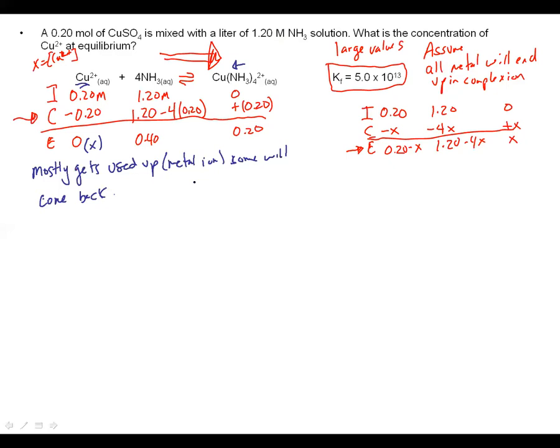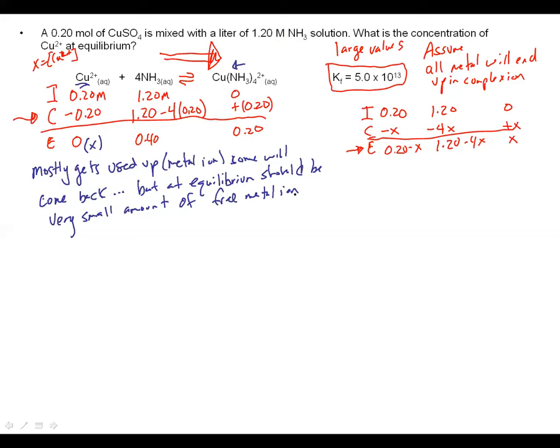But at equilibrium, it should be very small. So you should have a very small amount of free metal ion at equilibrium.